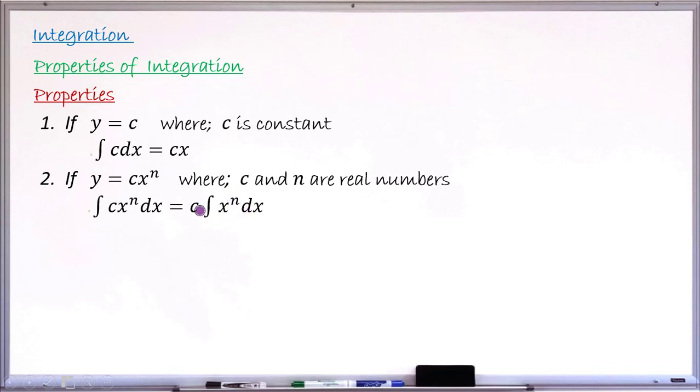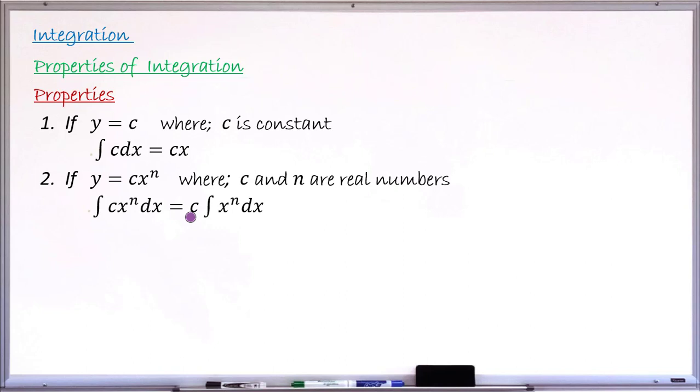So you can factor out the constant number, that is the real number which serves as the coefficient of that term, and you now find the integral of x raised to n, then multiply that integral by the number c. So this is the second property.